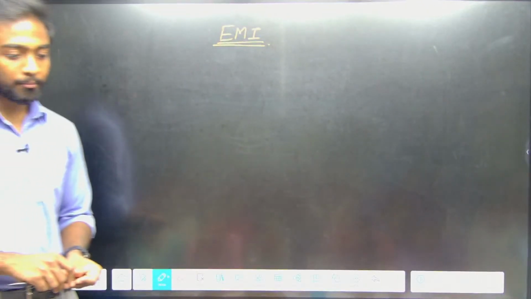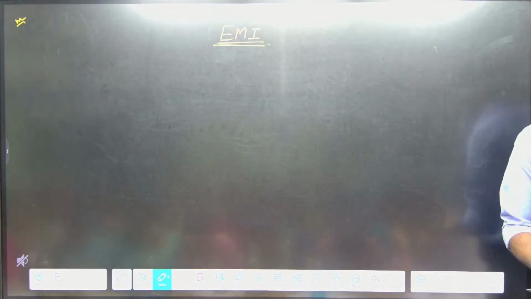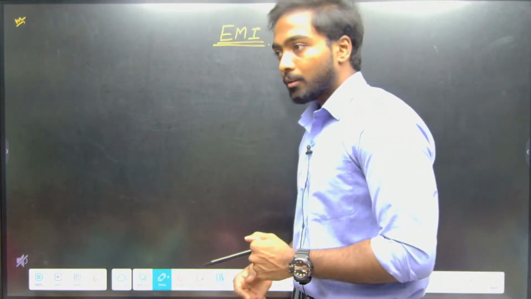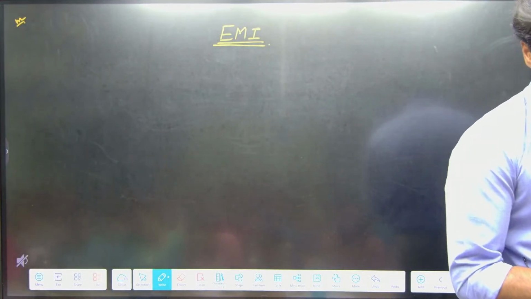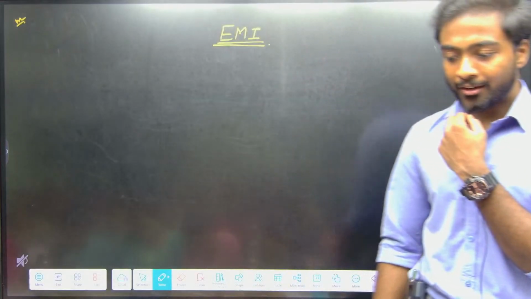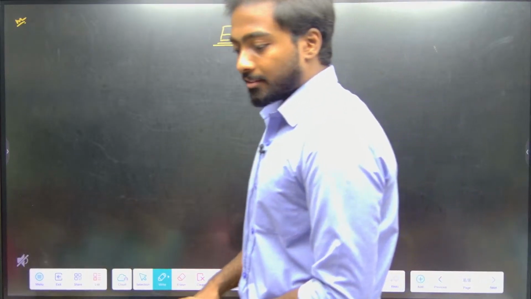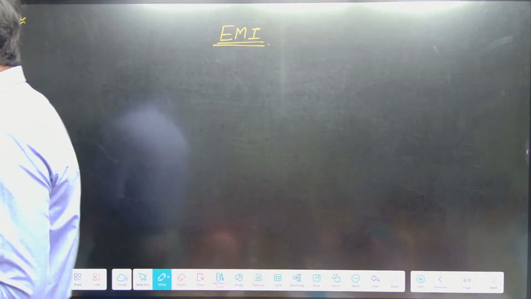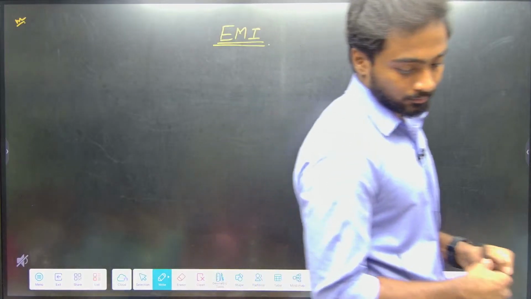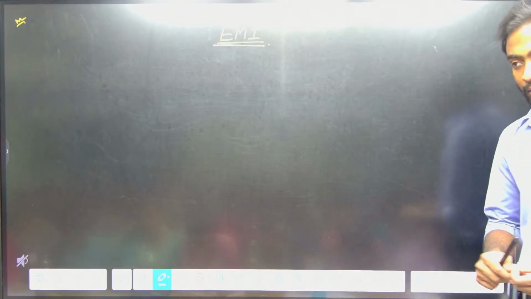Okay, write down the first point. Flux is defined as the magnetic field lines passing through a cross-section area.